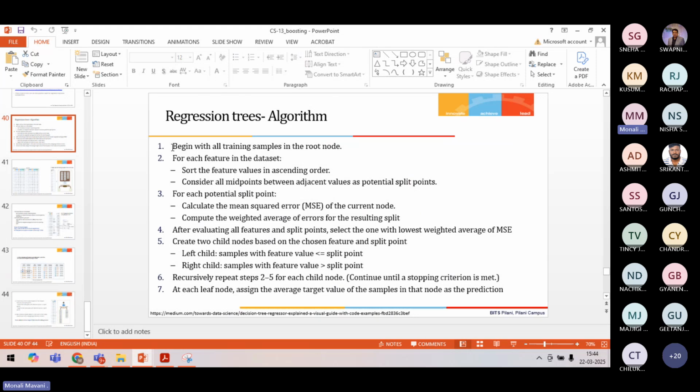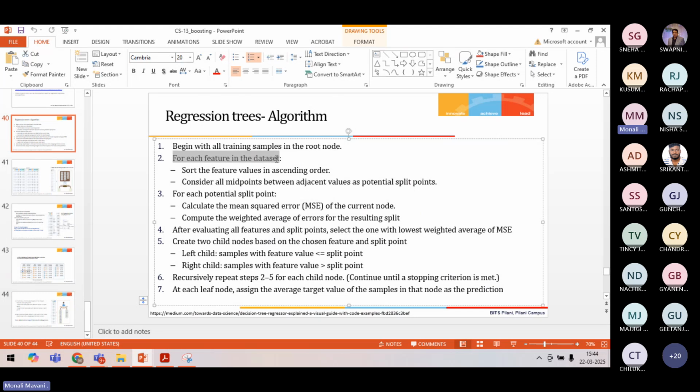Here we don't calculate the entropy or the information gain, but still we have to calculate the impurity. There has to be impurity reduction when we keep drawing the different nodes of the decision tree. So we start with all the training examples at the root node.